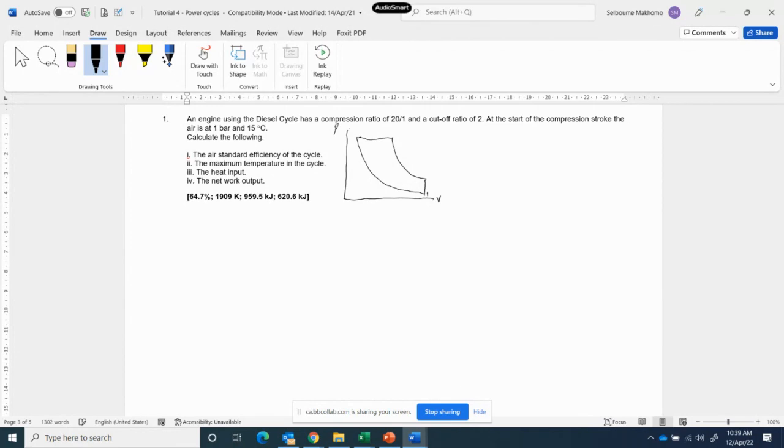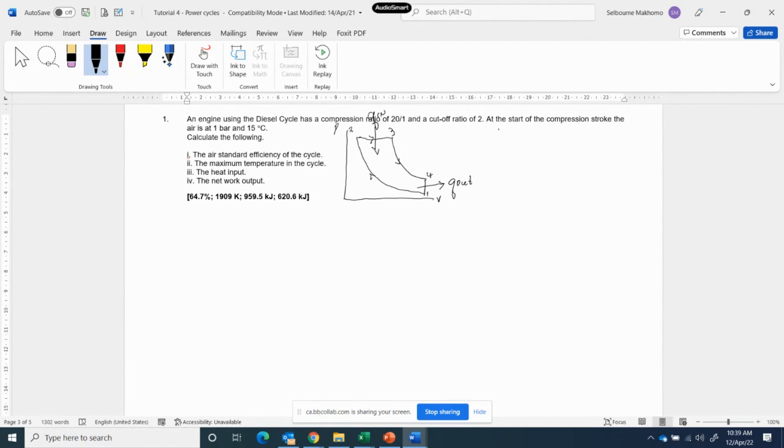So we have 1 here. Between 1 and 2 is compression. Between 2 and 3, heat is added, Q in. Between 3 and 4 is expansion. And then between 4 and 1 is Q out.